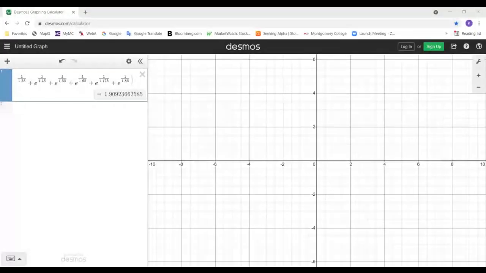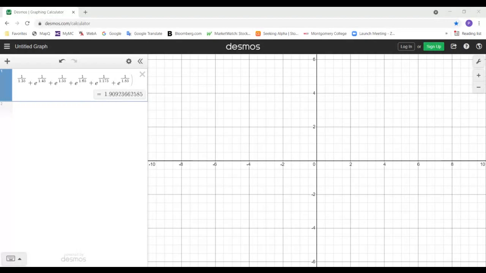Okay, what I've done, I'm not done yet, is that like a student would do, I've gone in and I'm typing in everything I need to type in. So 0.1 times e to the 1 over 1.05 plus e to the 1 over 1.15 and so forth. Try it yourself. All I have left is one more term.